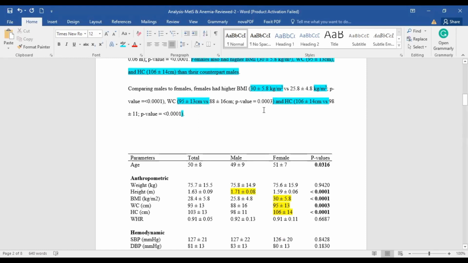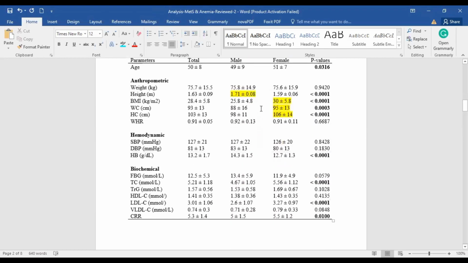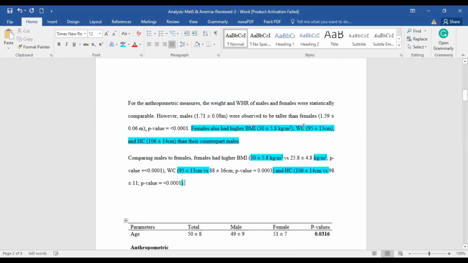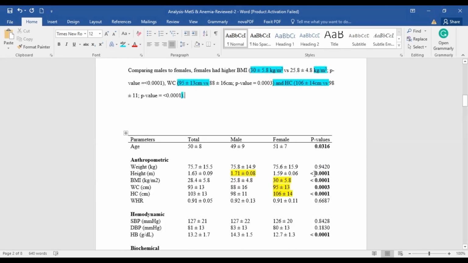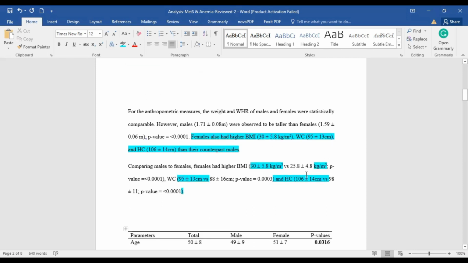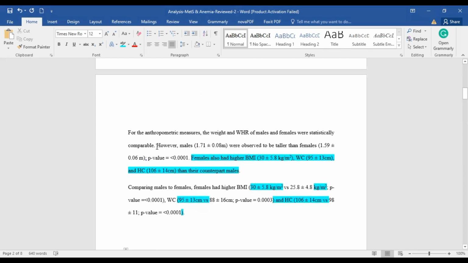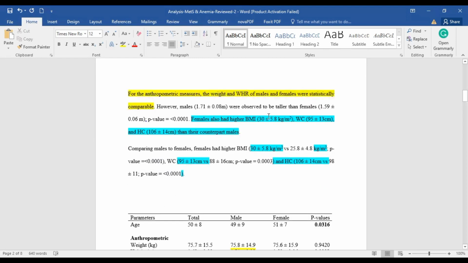So with this idea, you replicate it for the significant ones. You do all this hard work with the versus and the p-value for only the significant ones. The non-significant ones, you can just write as captured in this sentence, that they are statistically comparable. If they are not statistically different, then they are comparable.